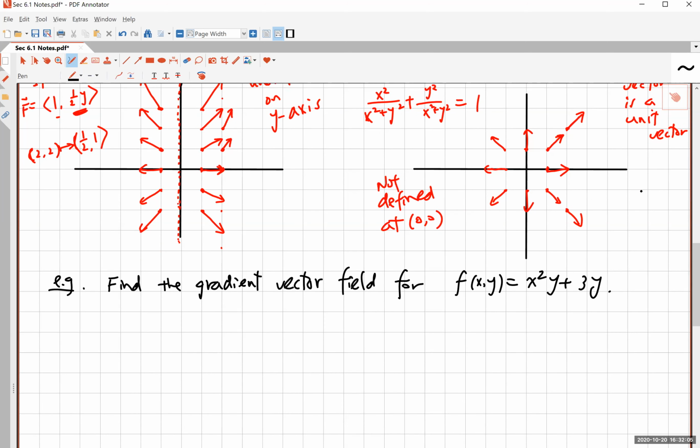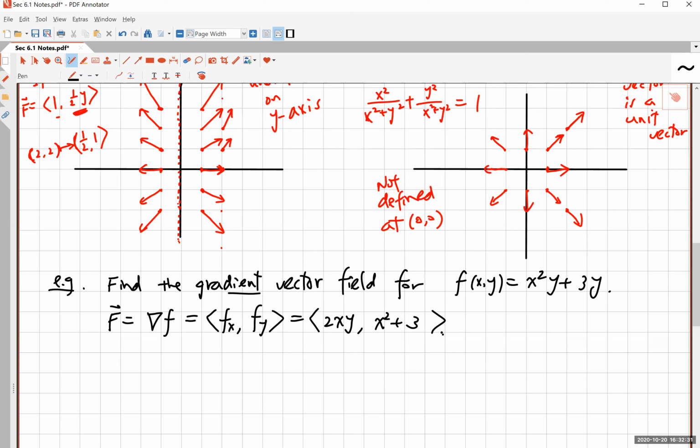All right, so what do you do? Well, all you have to do is really this. Capital F, which is our vector field, is the gradient. That's what it says, gradient vector field. So all you have to do is find fx and fy for this particular f, which is 2xy, comma, x squared plus 3, right? And that's all you have to do.